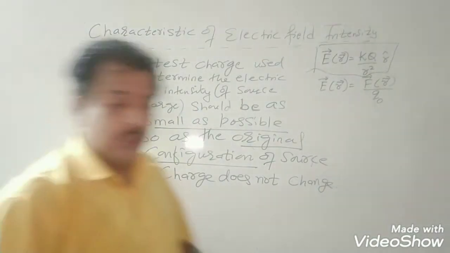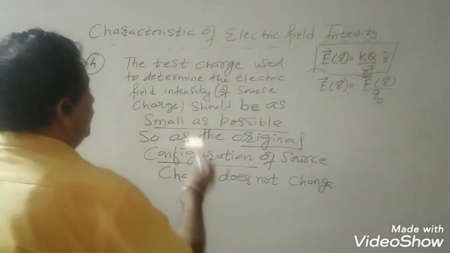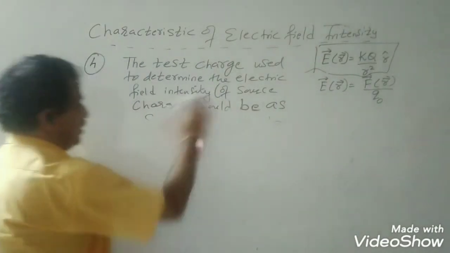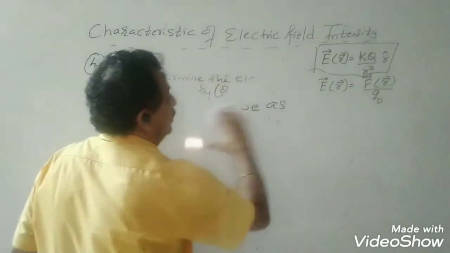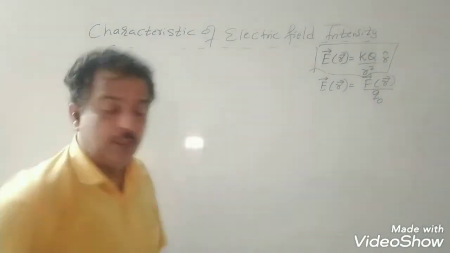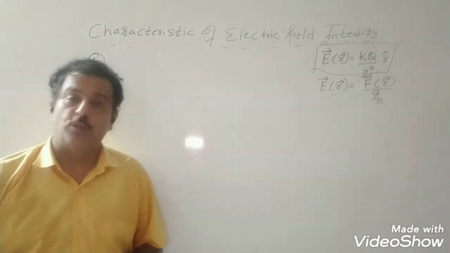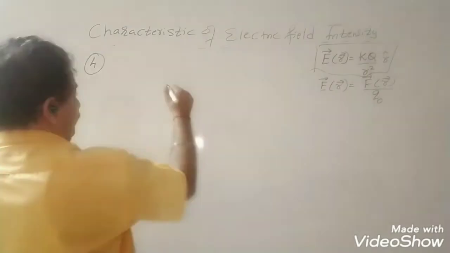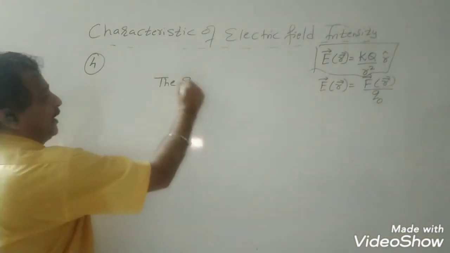Now we come to the next point. The smallest available charge is the charge on a proton or electron, and so by convention the test charge should be a unit positive charge. So we continue that point with a new paragraph.